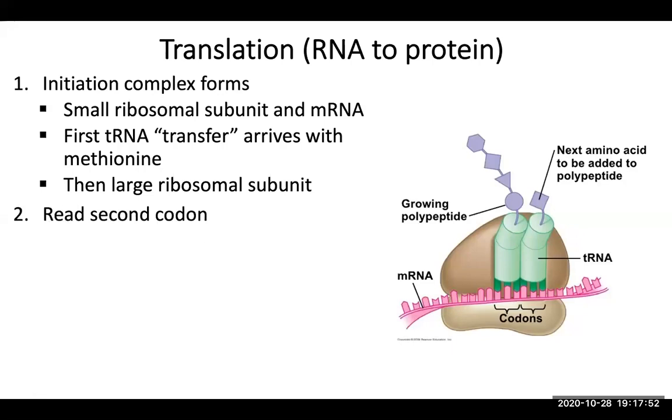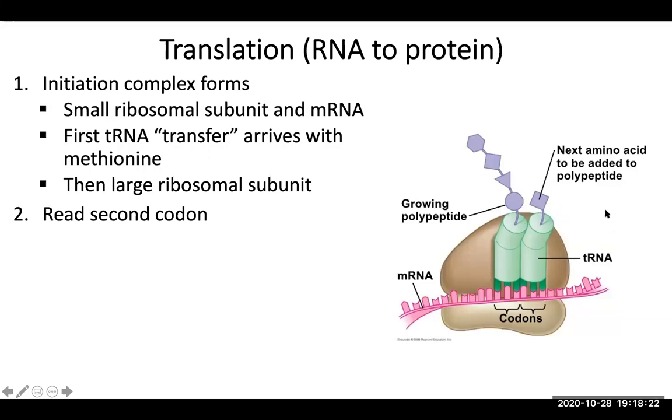Then you're able to repeat over and over and over again, bringing in new transfer RNAs, specifically matching the codon. The codon is on the mRNA. The green part in this image is the anticodon, which is just the complement of the codon, and it's on the tRNA. On the other end of the tRNA will be the amino acid.